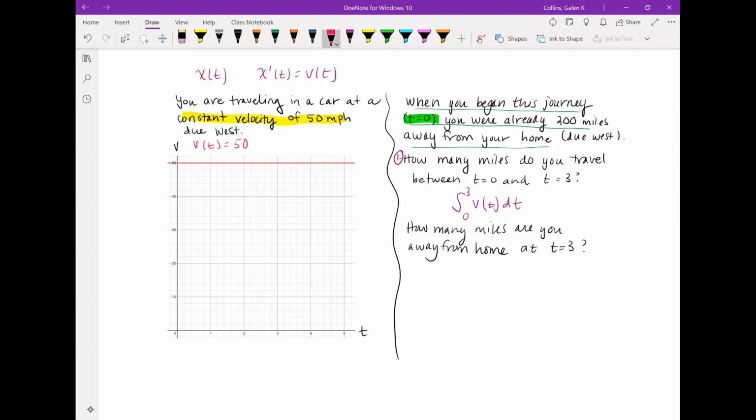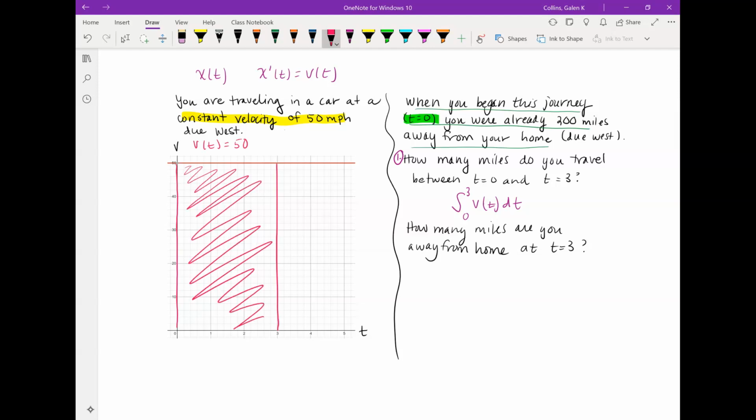From where t equals 0 to where t equals 3, we have this shape that is exactly a rectangle, and the area between the line and the axis is 50 times 3, so 150 miles. Now I picked an easy example because you could probably figure that out without calculus.